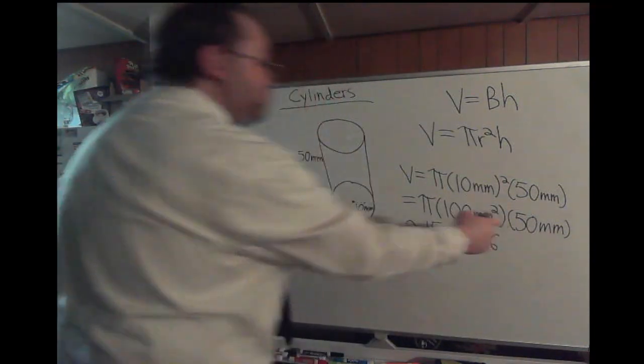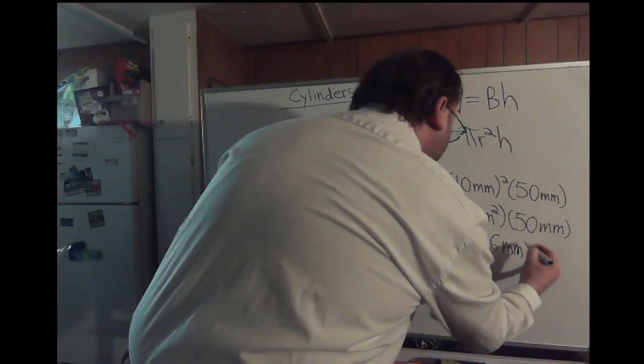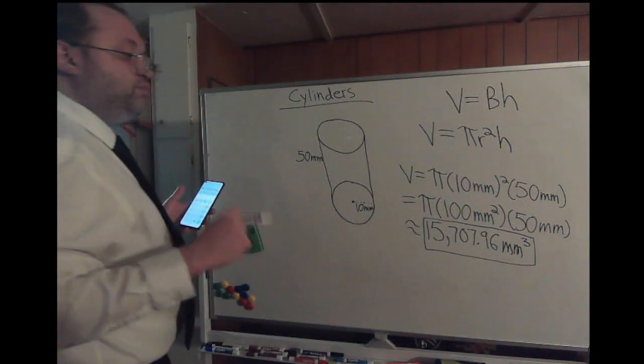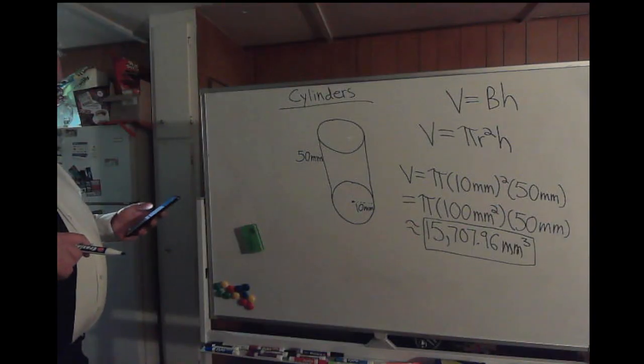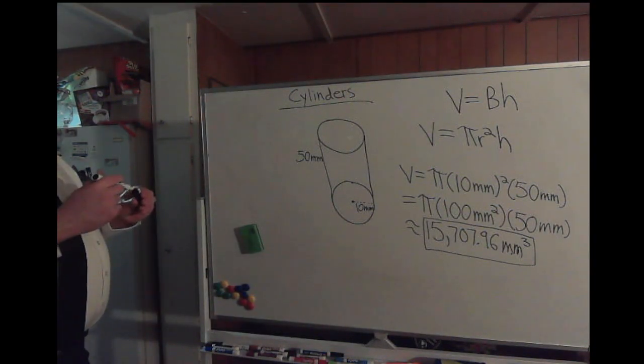Then millimeters squared times millimeters, that's millimeters cubed, millimeters to the third. So the volume of this can is about 15,707.96 cubic millimeters. So that's how you get the volume of a cylinder.